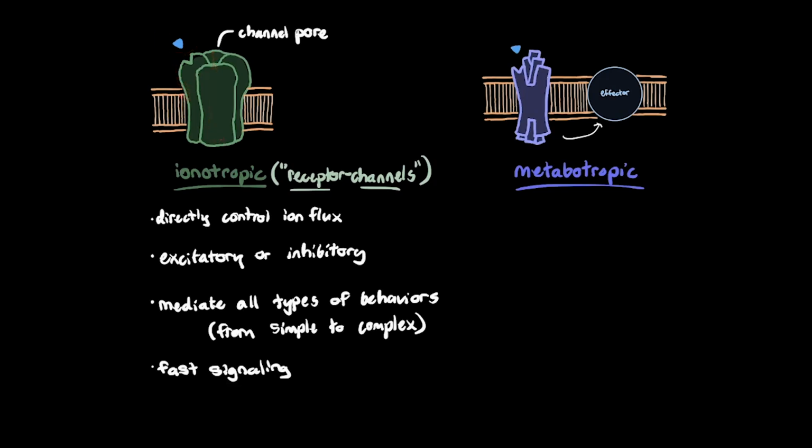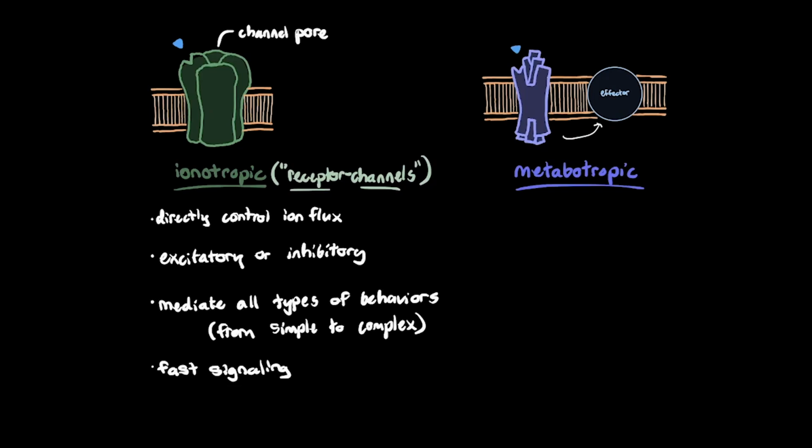This doesn't take that much time, so often you see ionotropic receptors controlling or underlying the fast portions of signals in the brain. So now we're going to switch over to metabotropic receptors, and these indirectly control ion flux.